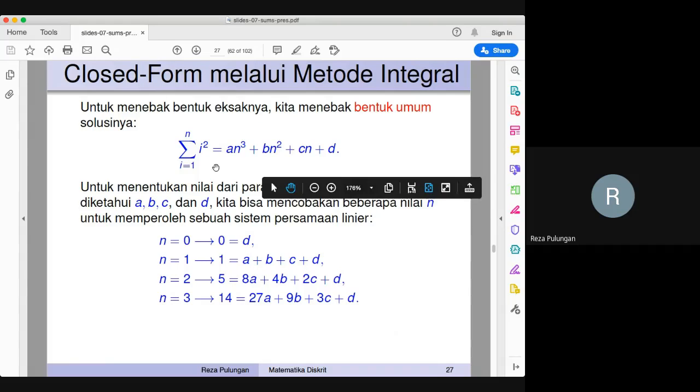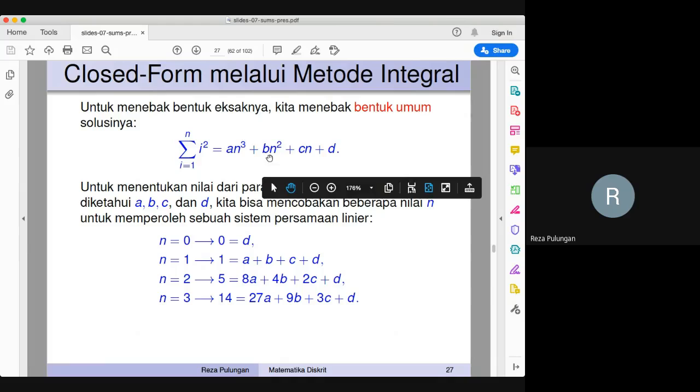Let's start from n is equal to 0. When n is equal to 0, the summation from i equal to 1 until 0 of i squared is just equal to 0, because the upper boundary is smaller than the lower boundary.